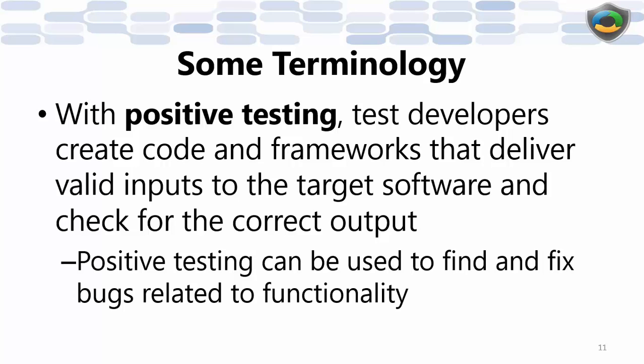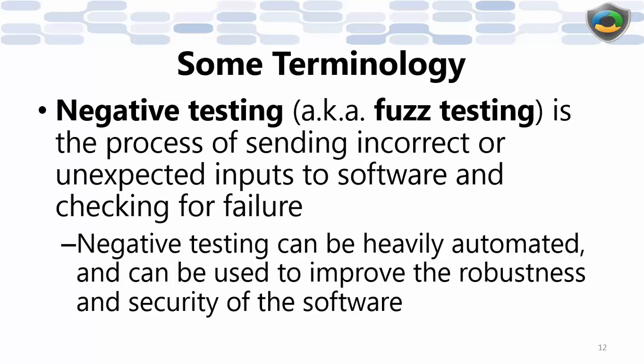For example, if you're asking for the age of a person, and the range is 1 through 125, then technically you've got 125 tests to run, if those are the actual valid ages. These can be used to find and fix bugs related to functionality, like an off-by-one error.